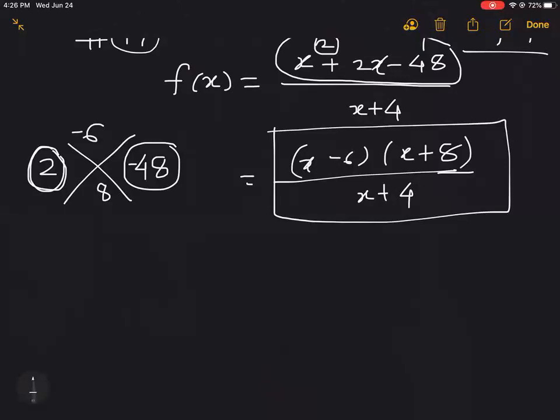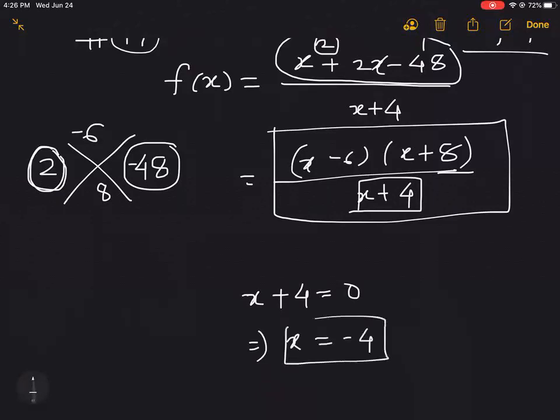Yeah, very good. x will not be negative 4. If I set the denominator to 0, I'll get x equals negative 4. So if x is negative 4, your denominator will be 0, and that's what we don't want. That means apart from x equals negative 4, everything else will be our domain.